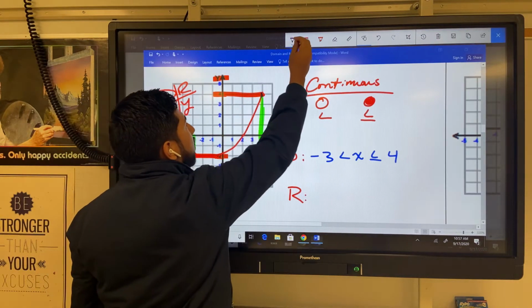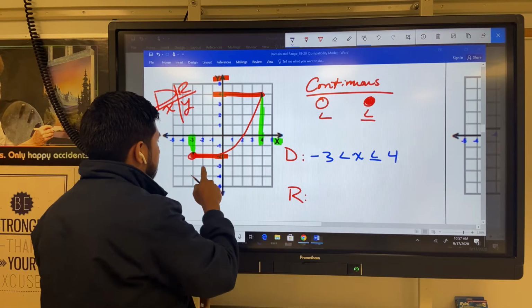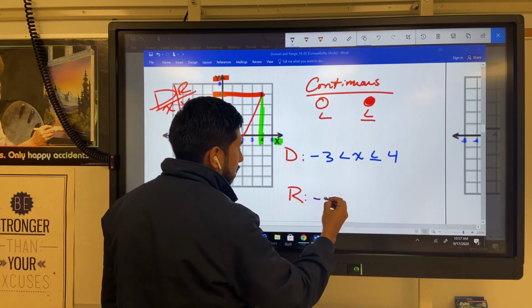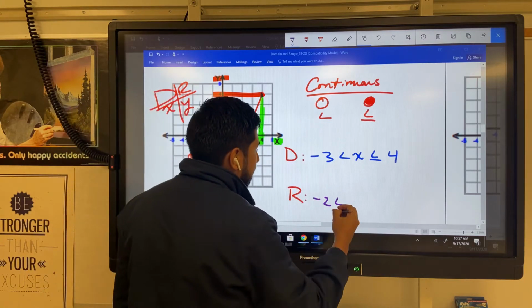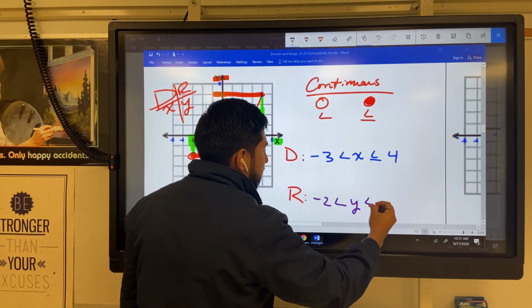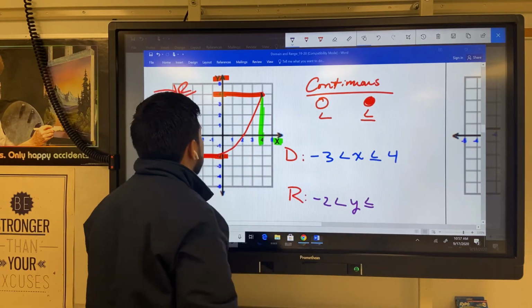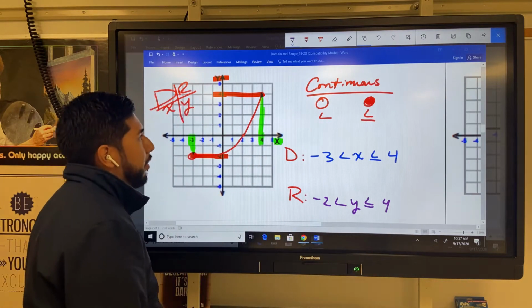All right. Let's write it out. So our range, remember we're in the y. Starting at the bottom is -2. This was an open circle, so I need to make sure I use less than. In the y for range, closed circle up top, less than or equal to, and it's at a 4. Boom. Domain and range, very straightforward.